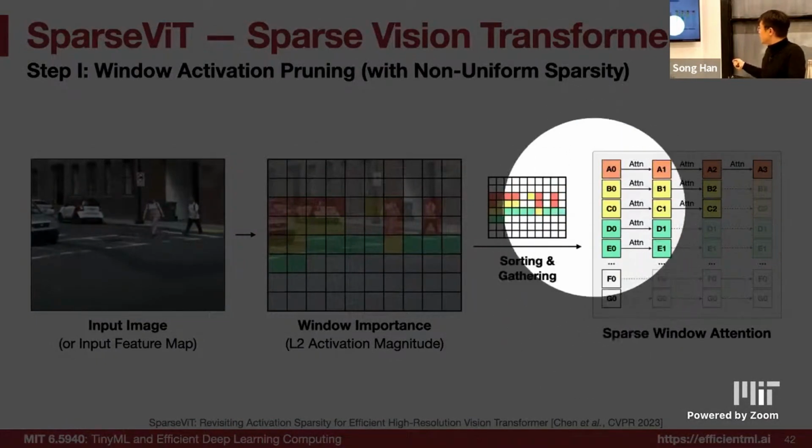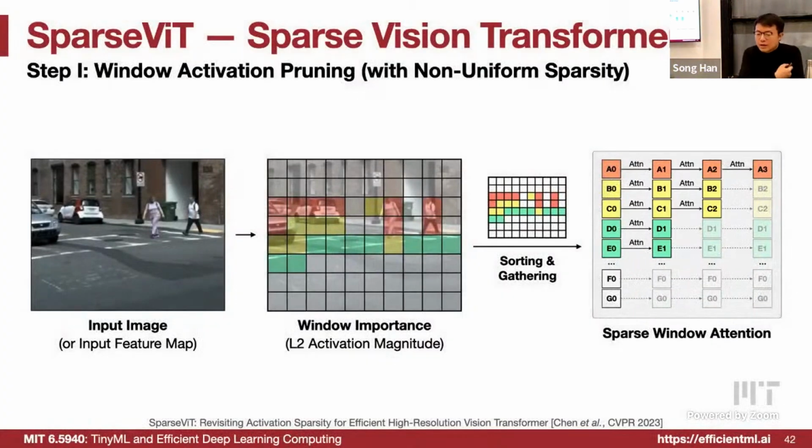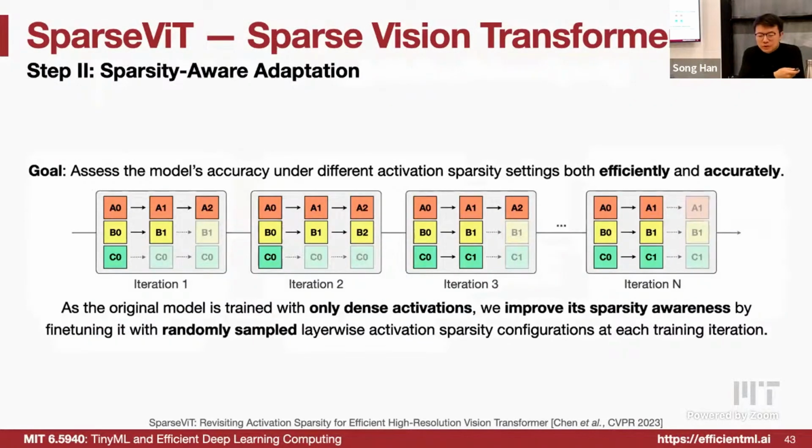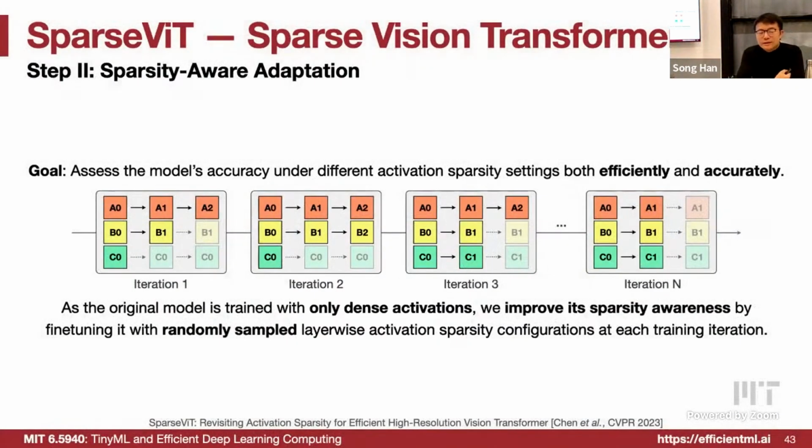Then we can sort and gather by the importance: most important, second important, third important, and so on. And this is just one layer; the second layer, the third layer, we can make it getting sparser and sparser. But how sparse should we allocate the computation to each layer? We need to search for that. As the model is originally trained with only dense activations, we want to gradually improve the sparsity awareness, so we need to fine-tune the model given such sparsity.